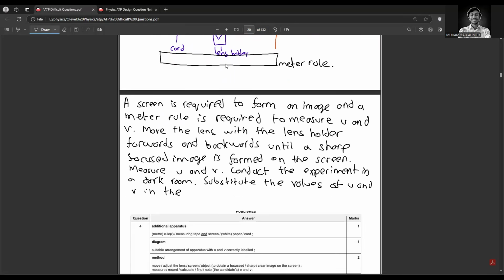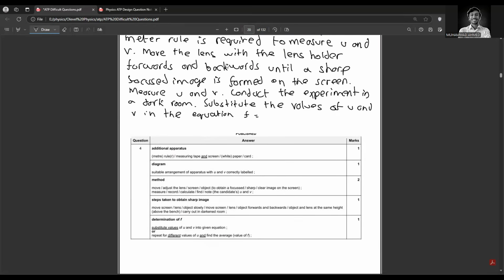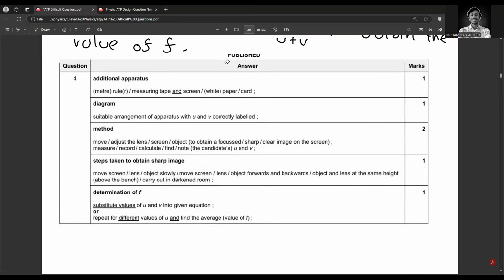In which equation? f is equal to uv divided by u plus v, to obtain the value of f. Simple as that.